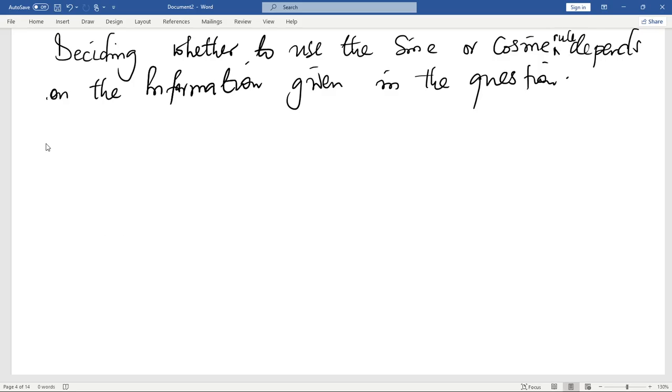Okay, so number one, if we know two angles and one opposite side, or we know two sides and one of their opposite angles, we use the sine rule here.